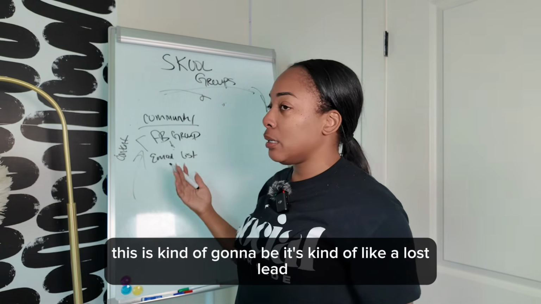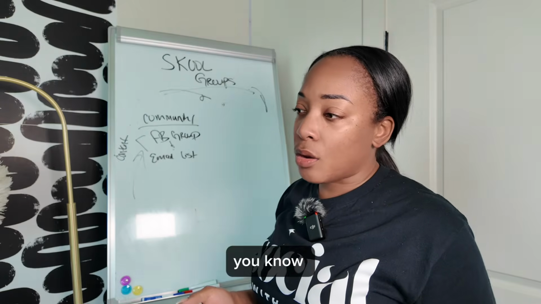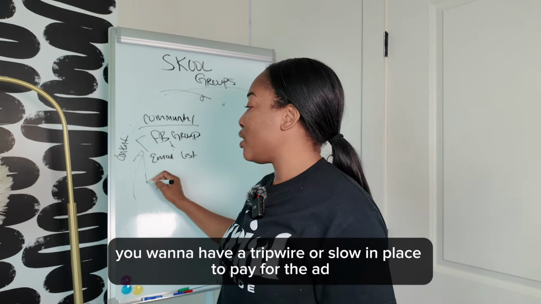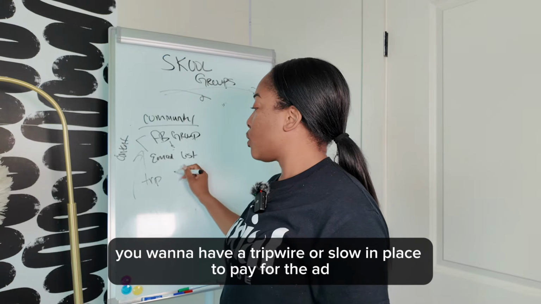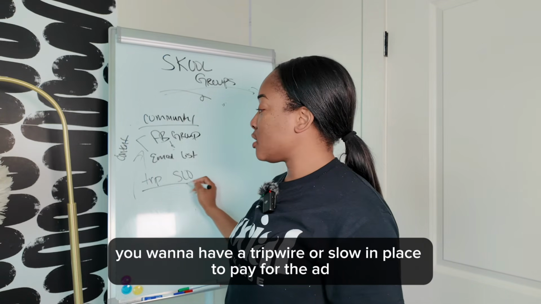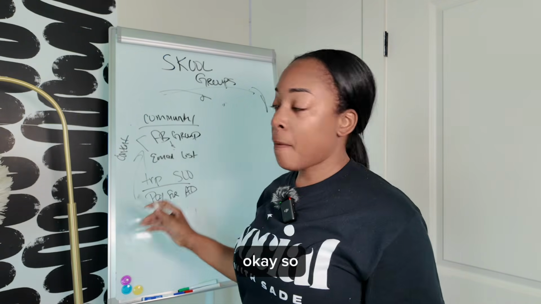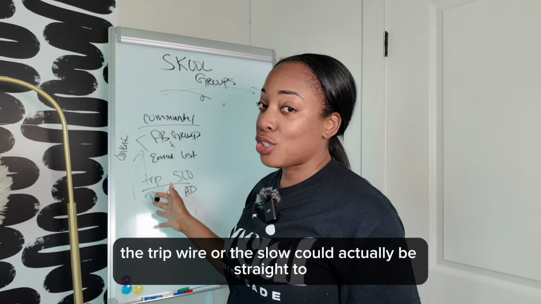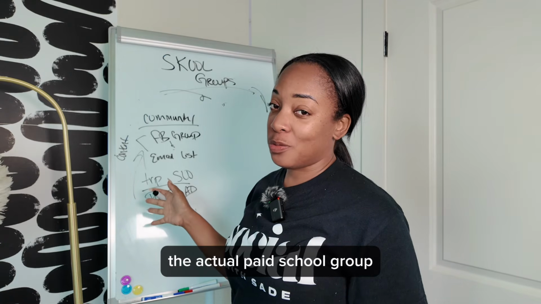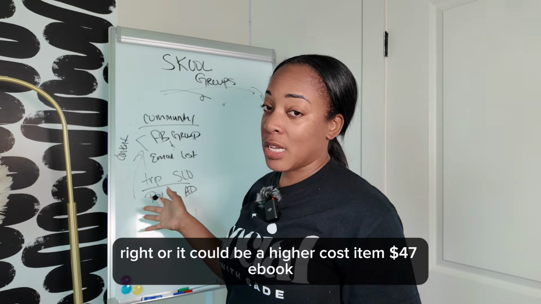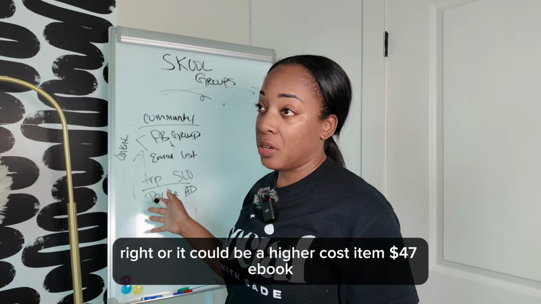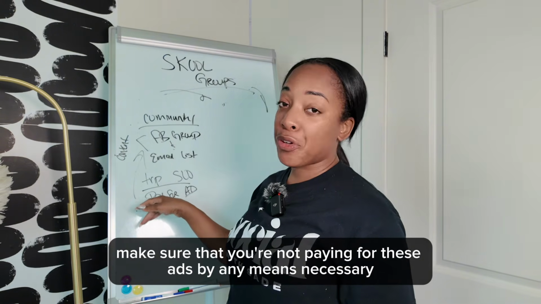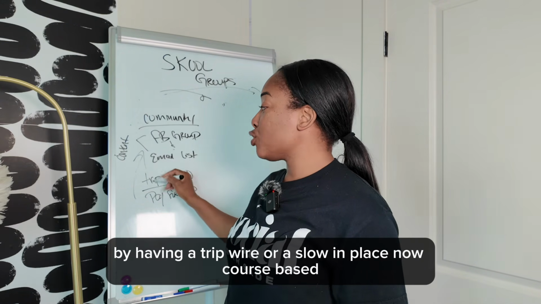This is kind of like a lost lead, you know. But if you run these people to this Facebook group, you want to have a tripwire or a slow in place to pay for the ad, okay? The tripwire or the slow could actually be straight to the actual paid school group, right? Or it could be a higher cost item, a $47 ebook, free shipping plus handling, whatever it is. Make sure that you're not paying for these ads by any means necessary by having a tripwire or a slow in place.